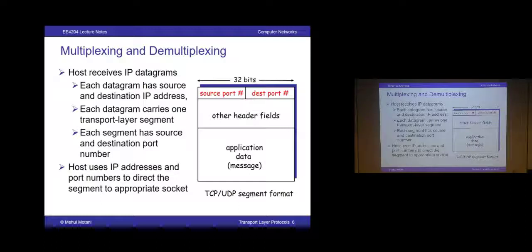So in this case, multiplexing and demultiplexing exists because it's a process, an application, or more specifically a process, that consumes information and generates information. You need a way to address it, because on a specific network interface you can have multiple processes.